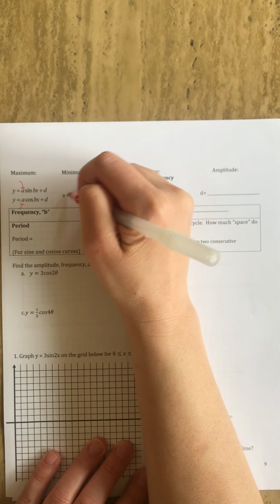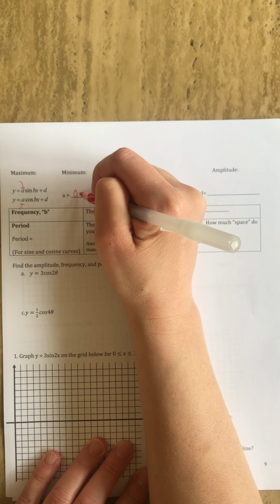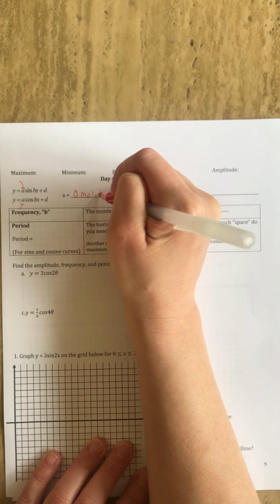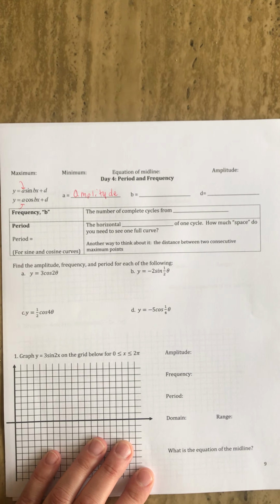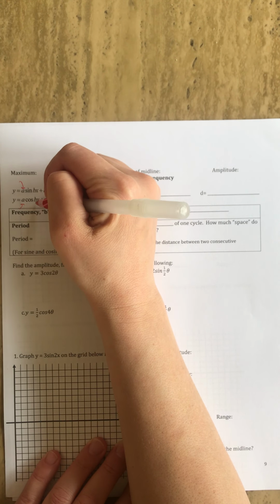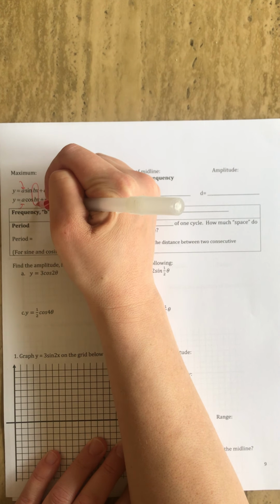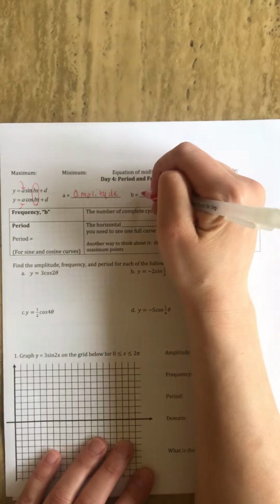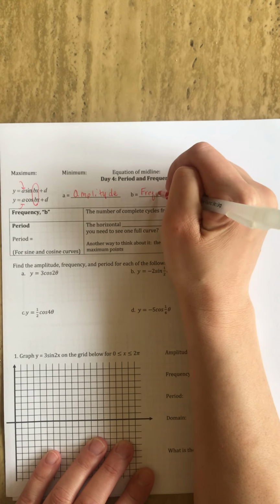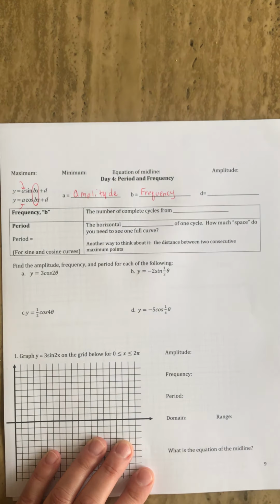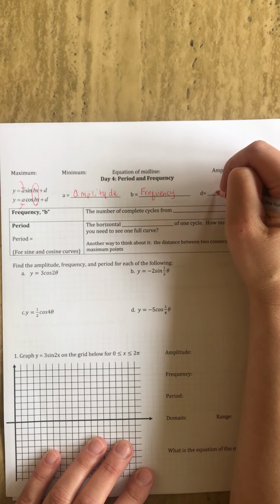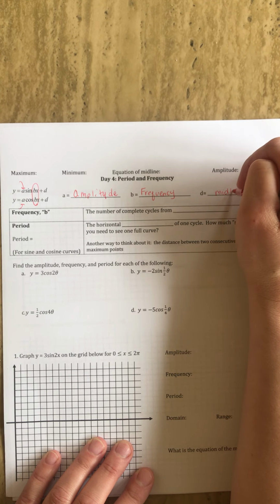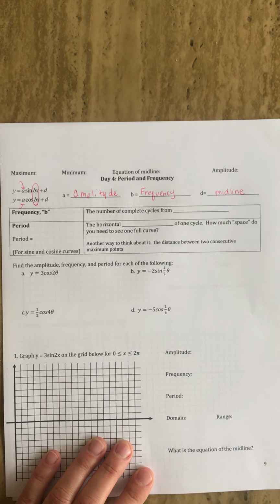And you guys hopefully know by now that A represents the amplitude, okay? What we're really going to start focusing in on today is what B represents. B represents the frequency. How many cycles you will see from 0 to 360. And D is our vertical shift up or down, or the midline.